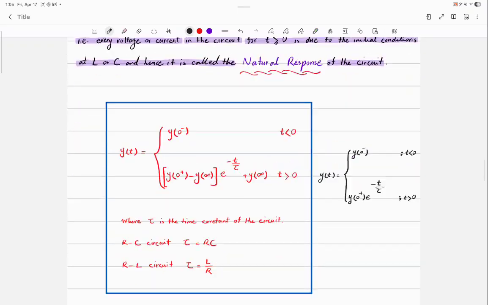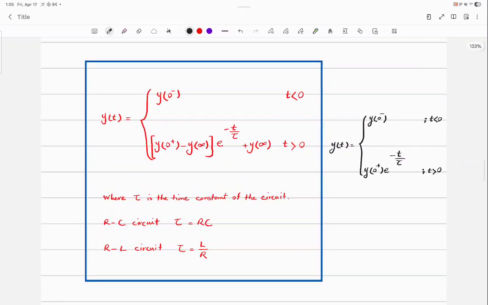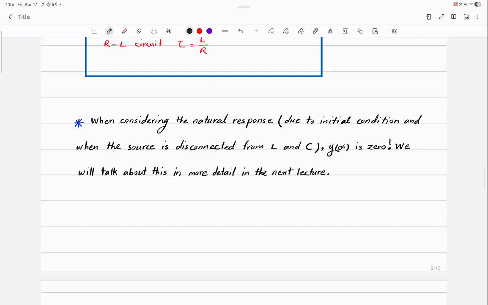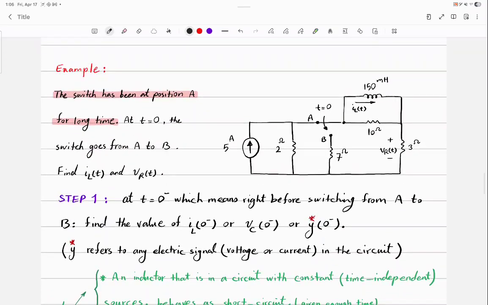Let's go to the generic equation. What should I calculate from the first step? Y0 negative. And can you tell me, for that specific example, what is Y? This guy and this guy. The two things that the question is asking you are considered Y. Okay?